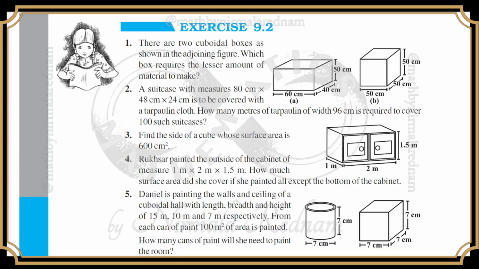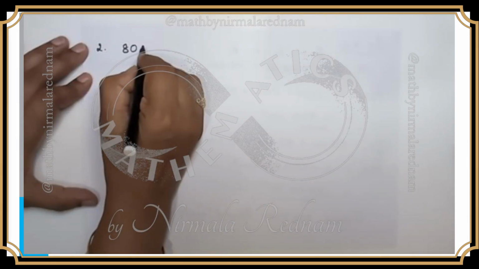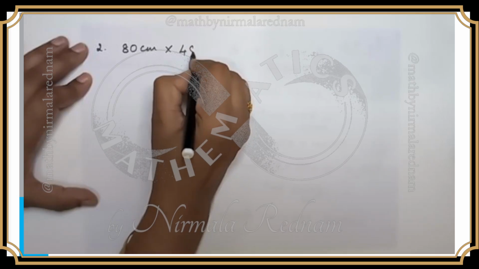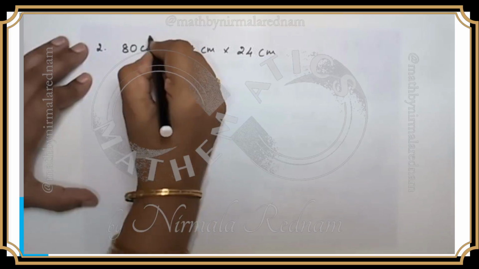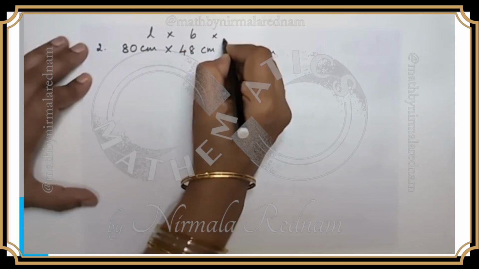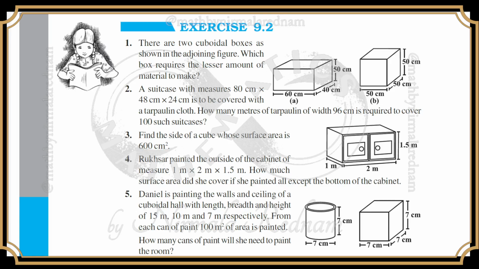So the dimension given is 80, 48, 24, right? So this is L, B, H. So now you have a tarpaulin width given and how many meters of it do you need to cover 100 such suitcases.